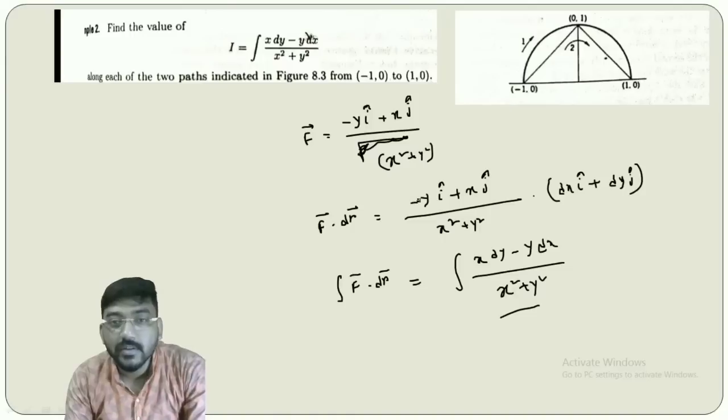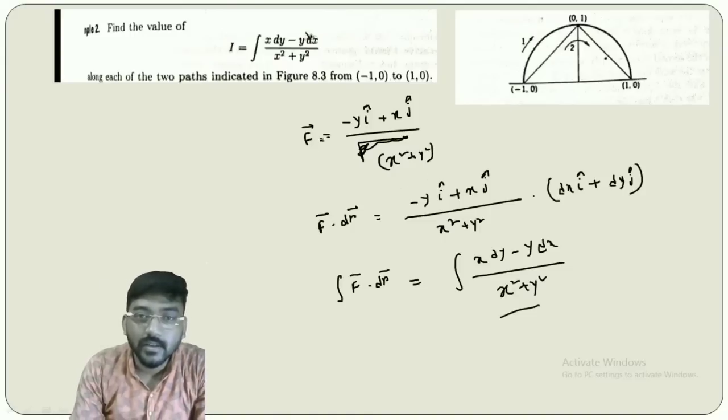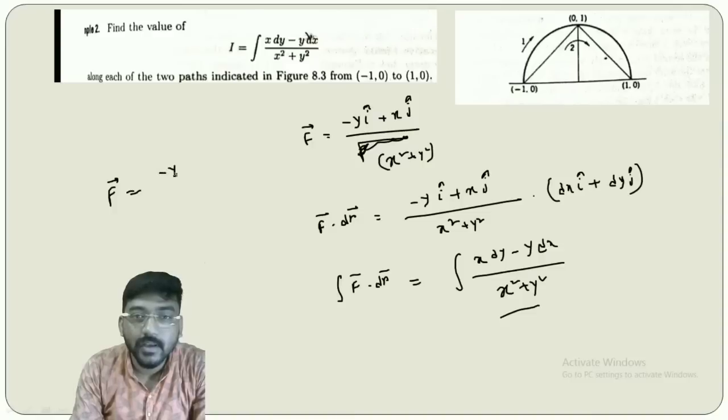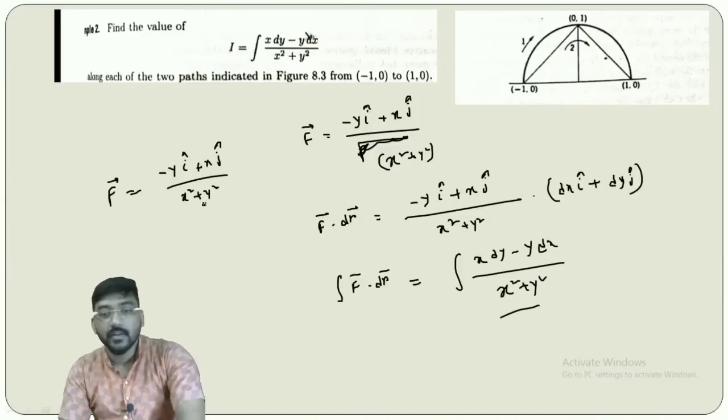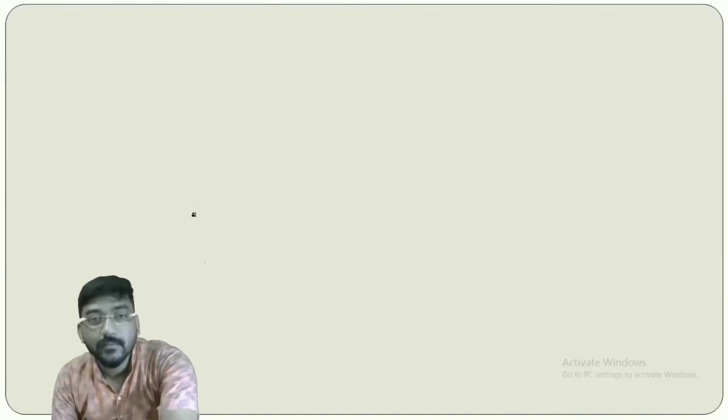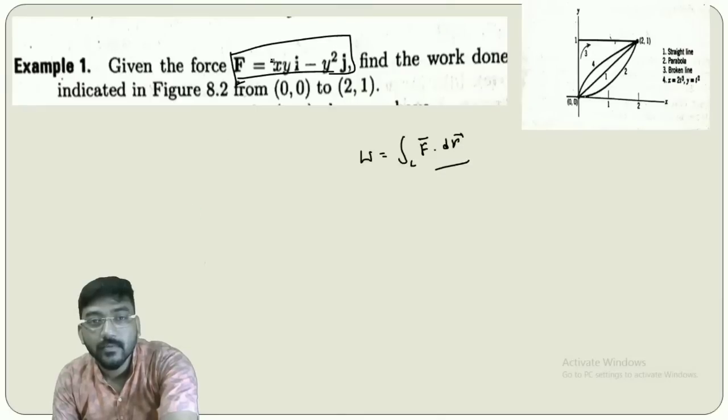This means here the force f is minus y i cap plus x j cap divided by x square plus y square. But in the previous problem, f was xy i cap minus y square j cap.